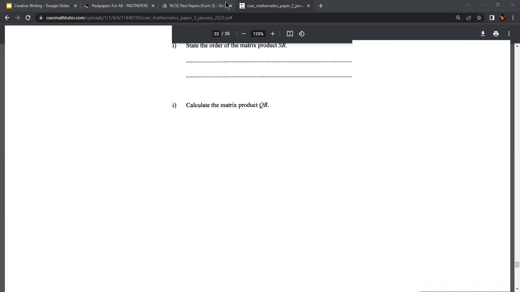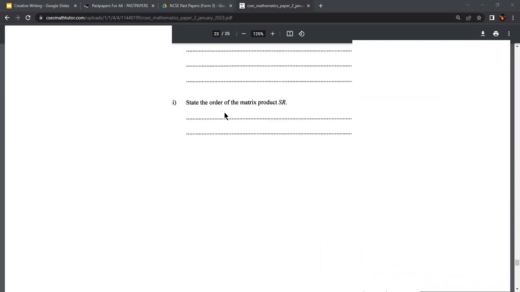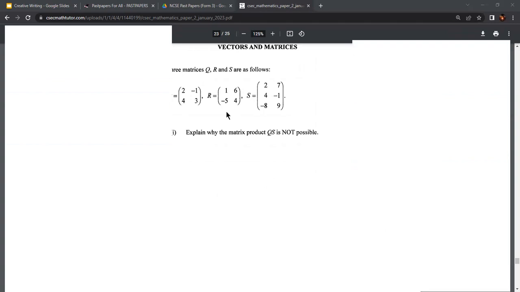All right, so the next one, they asked us to calculate the product of QR, which means they actually want us to multiply it. So they want us to find QR.